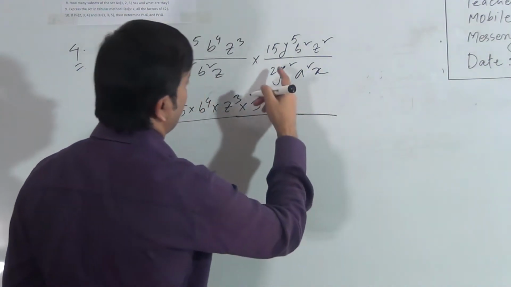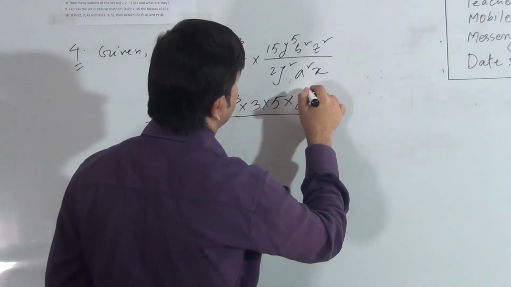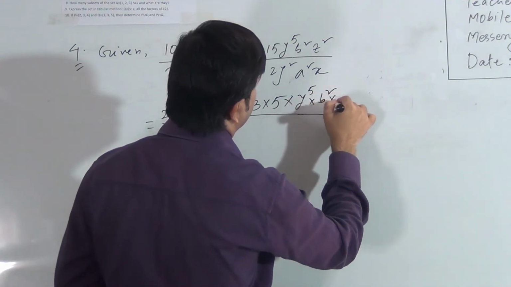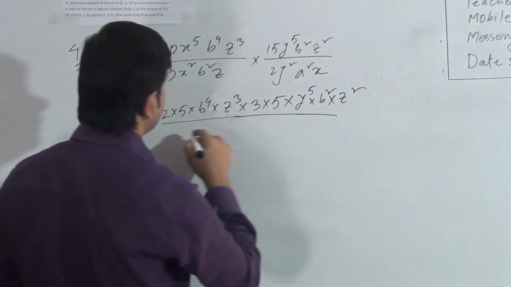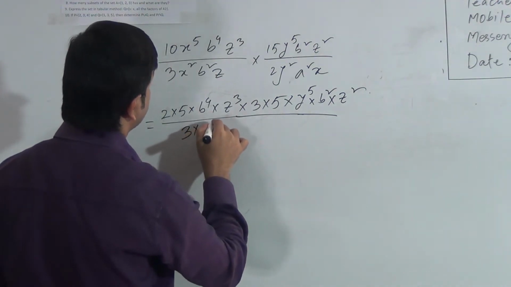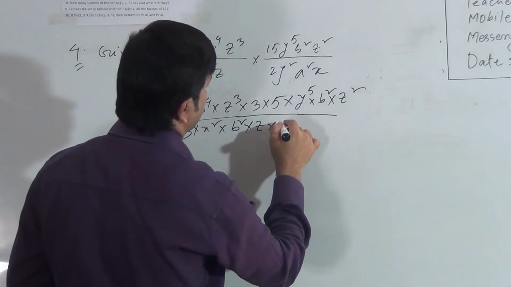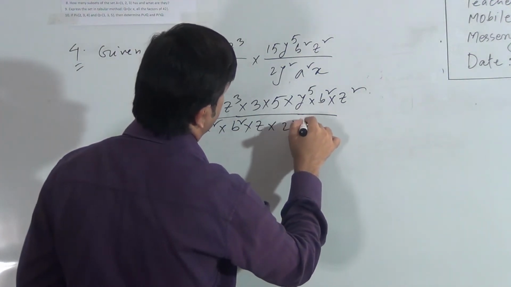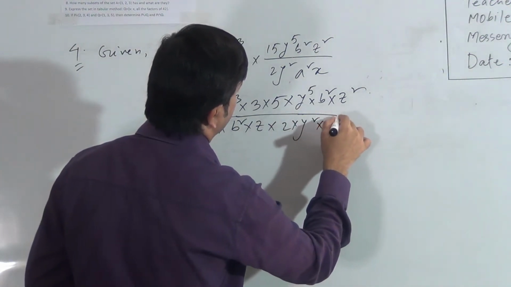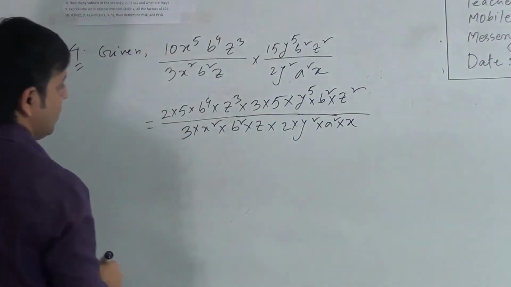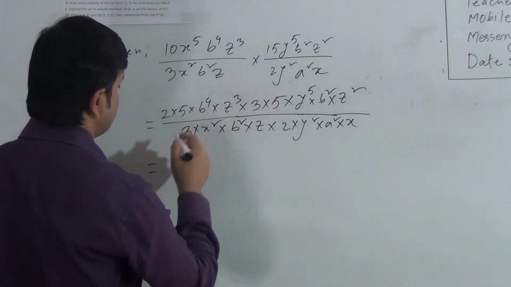We can multiply all, nothing else. y to the power 5, b square, z square, and here is 3 multiplied by x square into b square into z into 2 into y square into a square into x. So we can calculate here easily.